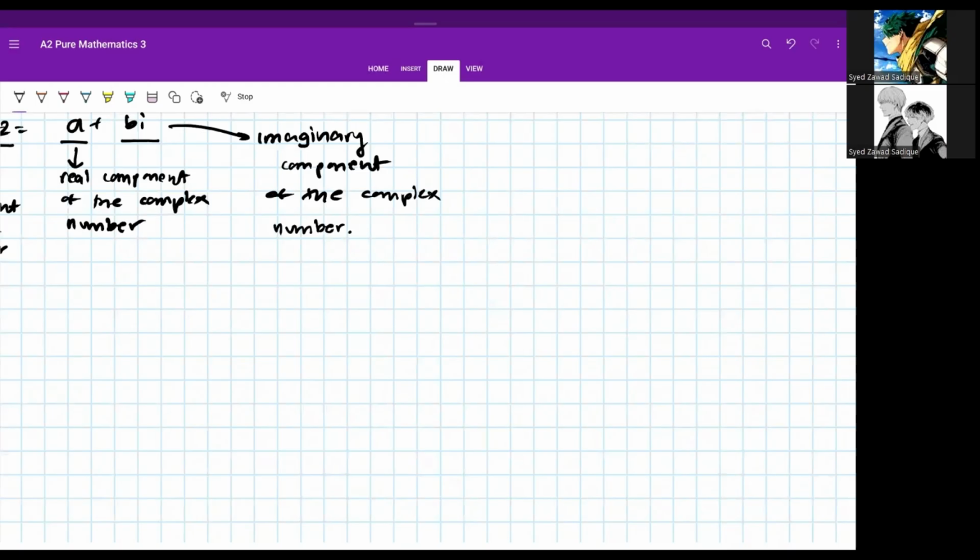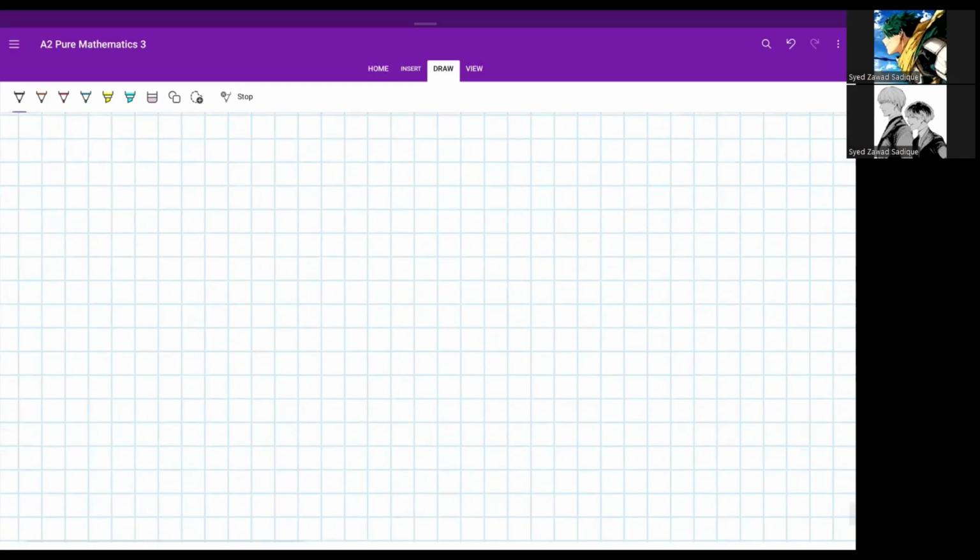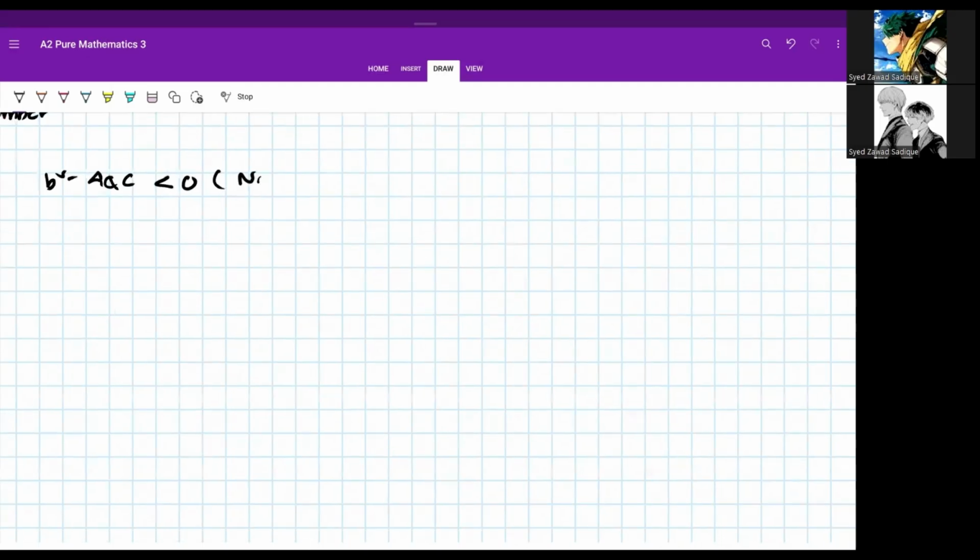For complex numbers, we work with the region b squared minus 4ac less than 0: no real roots, or to specify, we work with unreal roots.